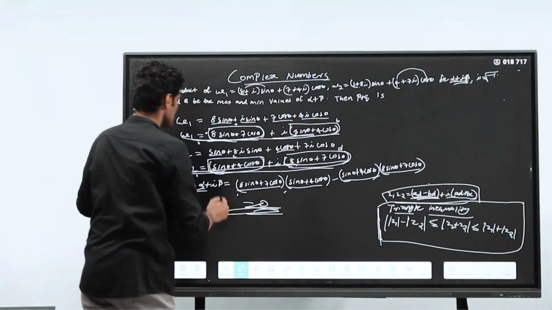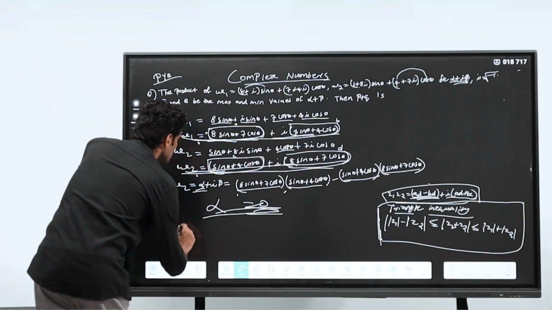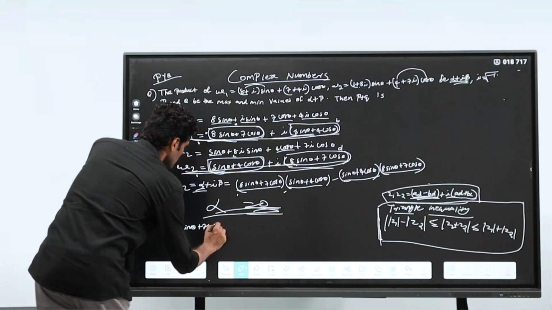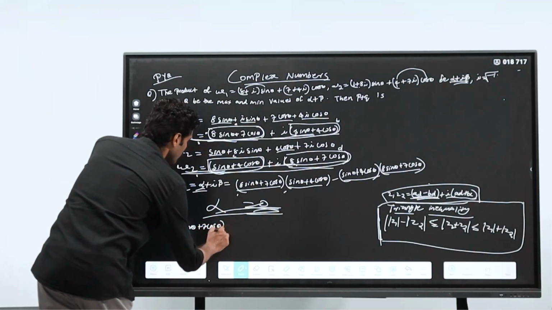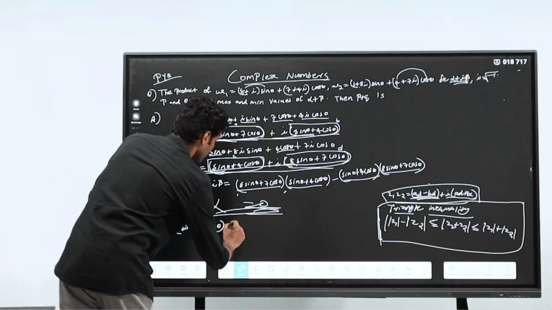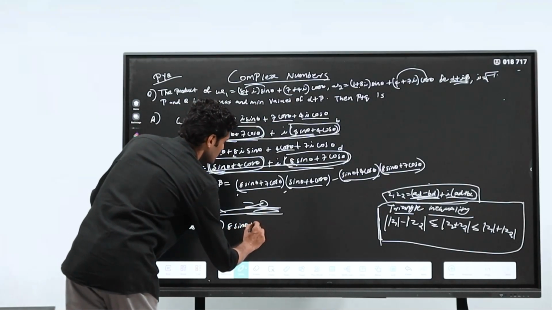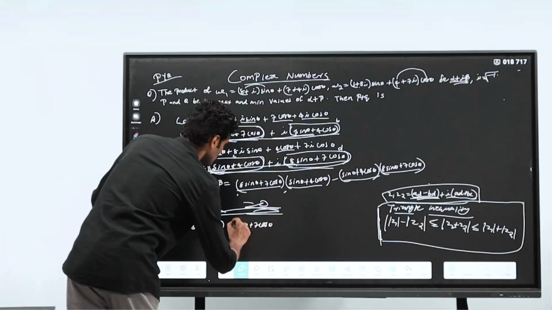AD plus BC. So what is A? A is right here, 8 sine theta plus 7 cos theta. What is D? D is 8 sine theta plus 7 cos theta.